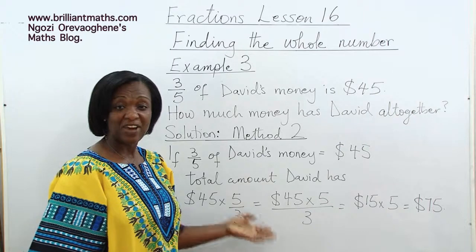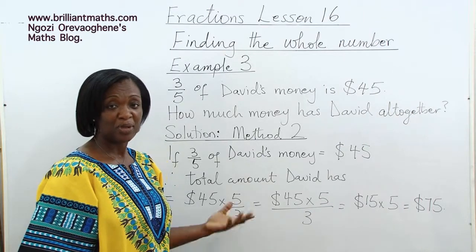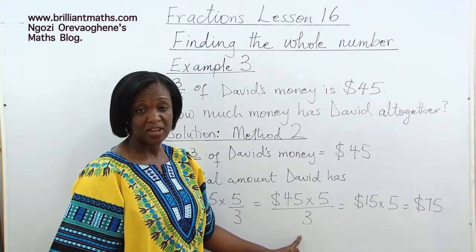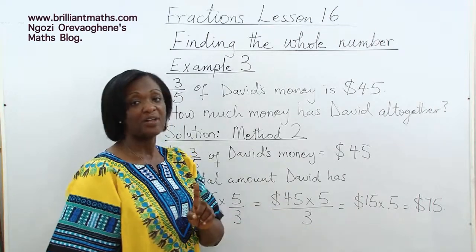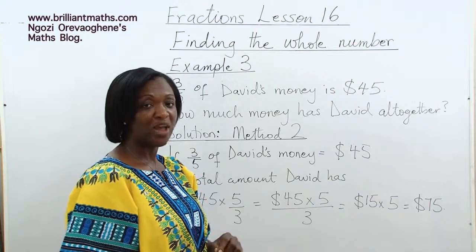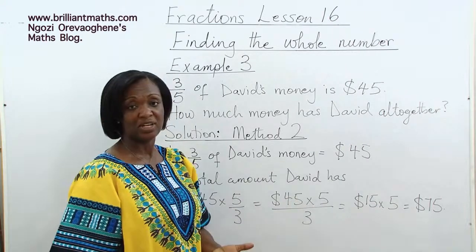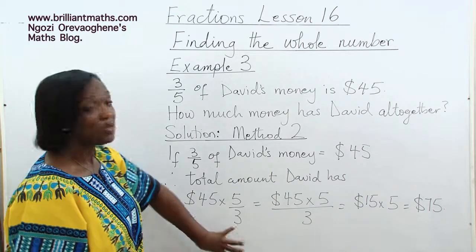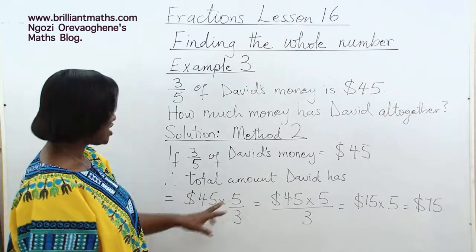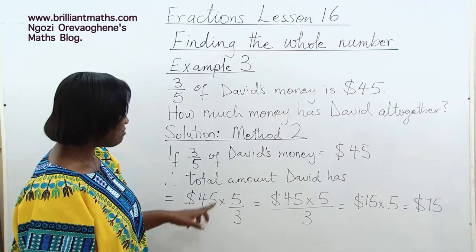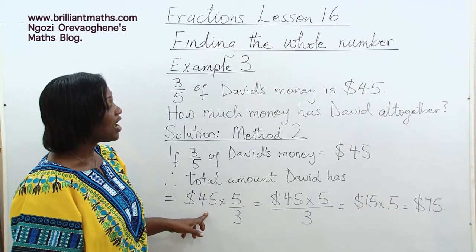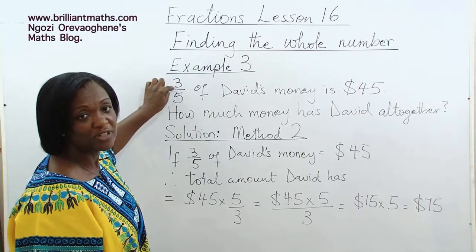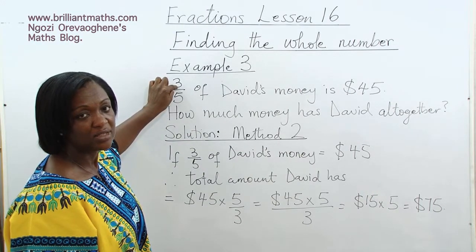It relates directly to the first example because in the first one we divided 45 by 3 to get 1 part out of 3. And we multiply that 1 part by 5 to get a total. So it's basically the same. It's just that this time you are reciprocating and multiplying directly by the amount that we know. We're given $45 as 3/5 of the amount he has.